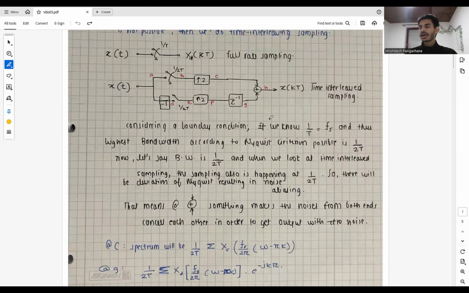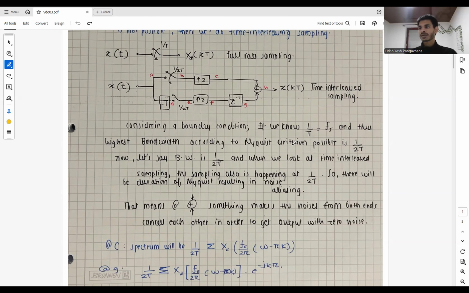As I mentioned earlier, when we consider the boundary condition, we know that the sampling frequency is 1 by t, and thus the highest bandwidth according to the Nyquist criterion is 1 by 2t. So now let's say the bandwidth is 1 by 2t. Then we will require a sampling rate which cannot be lesser than 1 by t.